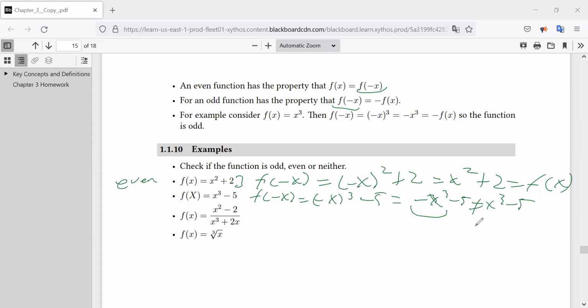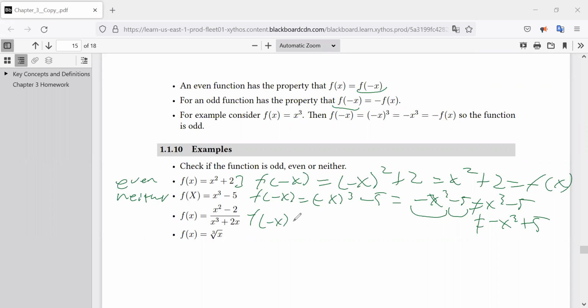That negative there is very important. So this is not that, and it's also not equal to the negative of this. It's not equal to negative x cubed plus 5, because we got that negative right there. So this right here is neither. Does that make sense to people? I think it does. Cool.